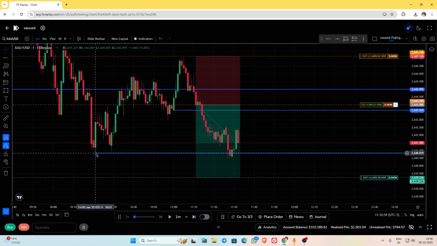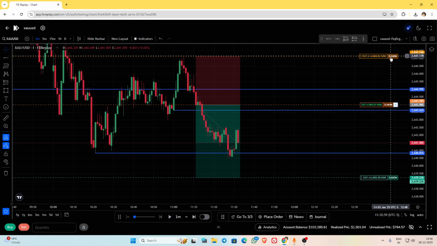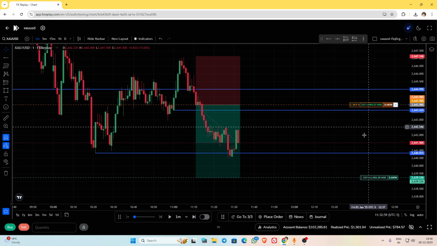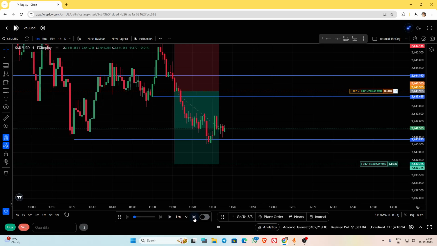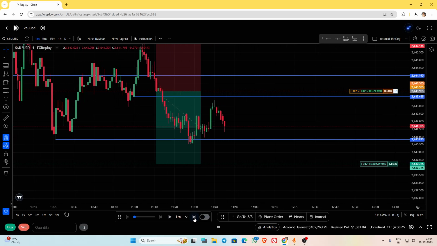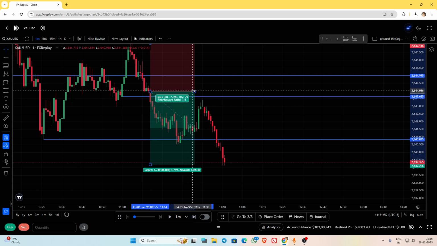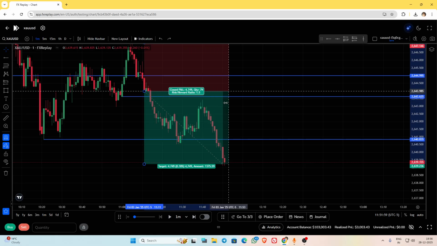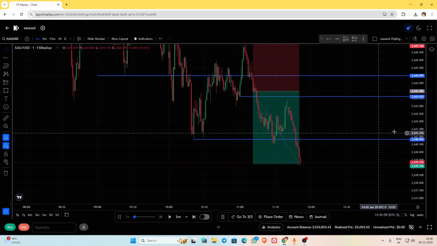So this was our DOL, already hit. So I'm going to break even my trade to protect my profits, and now I'll wait for the market to go towards my take profit. Okay, so my TP is hit, 1.5 hour more, so we are now up 3% on this account.